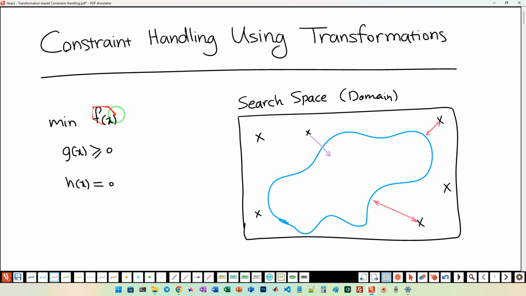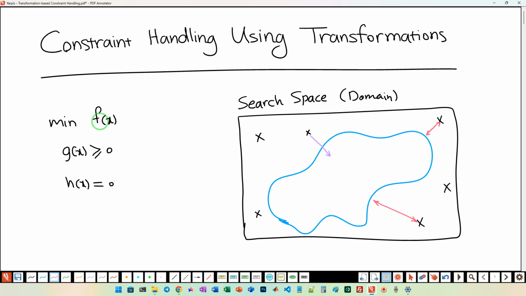If we add extra cost and penalty to infeasible solutions, then they cannot compete against feasible solutions and they lose the game. That's the penalty function idea.